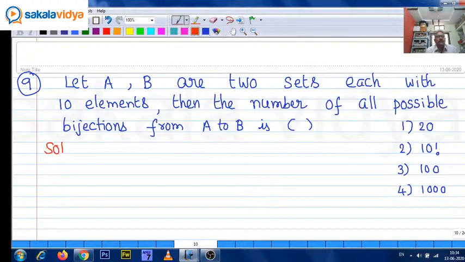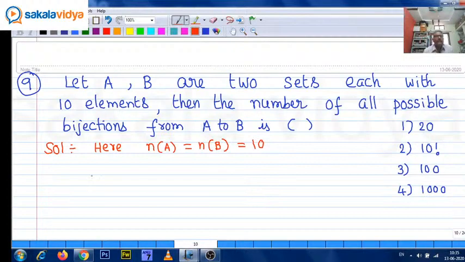Solution. Here n of A equals n of B, they have an equal number of elements. Now the bijections can be defined if and only if n of A is equal to n of B. That you remember.